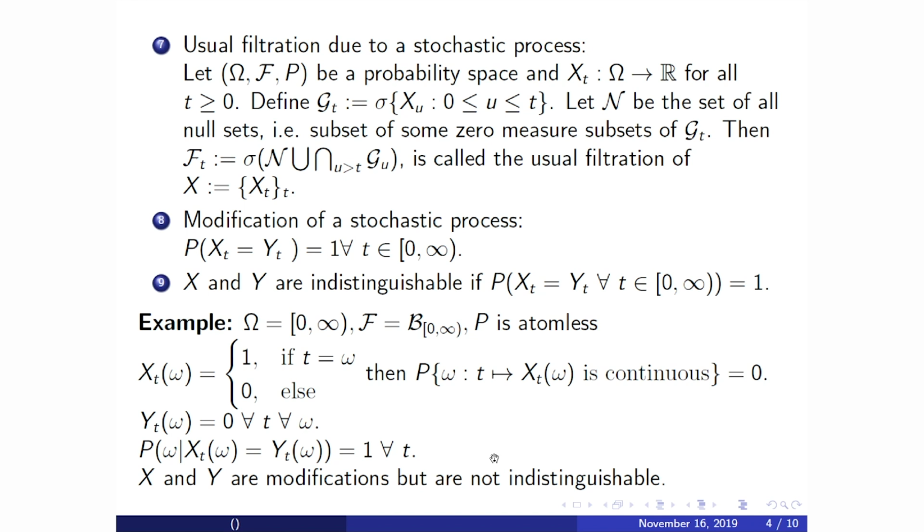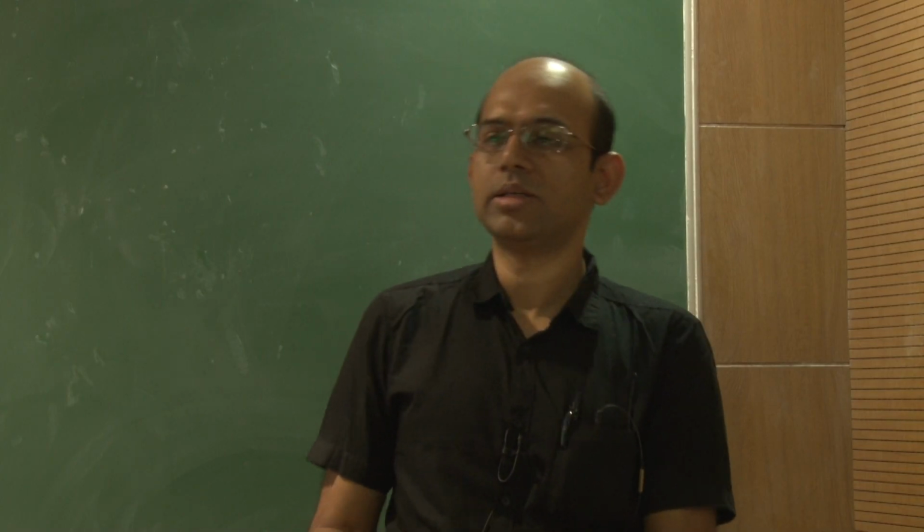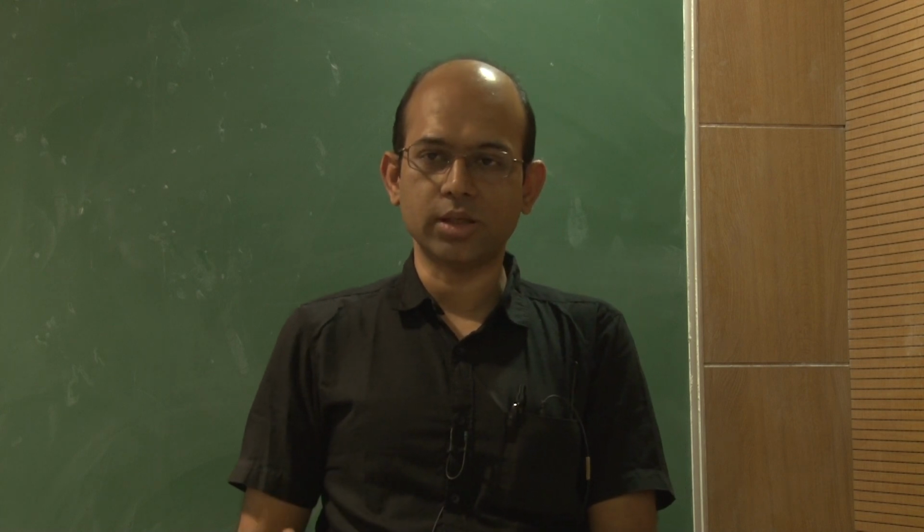However, if we choose another process Y, where you do not have that perturbation, it is 0 all the time, and then you ask for which omega X_t and Y_t are the same. You fix one t, any time t, and ask for what omegas X_t and Y_t would be the same. We would see for all omegas which are not equal to t, both are 0.